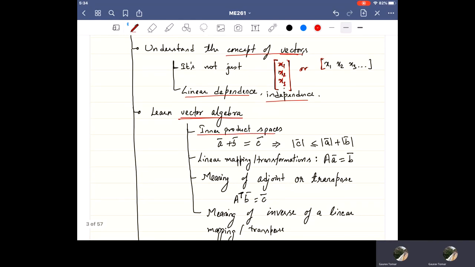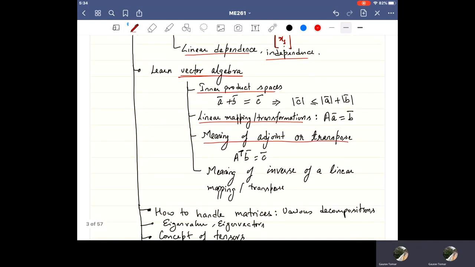We learn about linear mappings or transformations, where you can map one vector space onto another vector space, or the same vector space onto itself, by defining a mapping between the two. In this respect, we'll talk about the meaning of adjoint, or what is the transpose of a linear transformation.